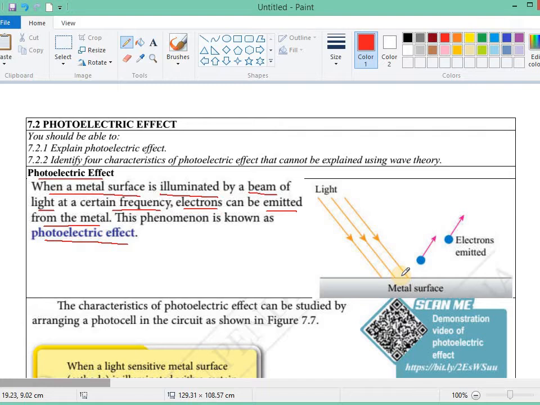When these free electrons absorb enough energy, they will be able to escape. The electron that escapes, we call it a photoelectron. Photoelectron. Okay, so that is the photoelectric effect.